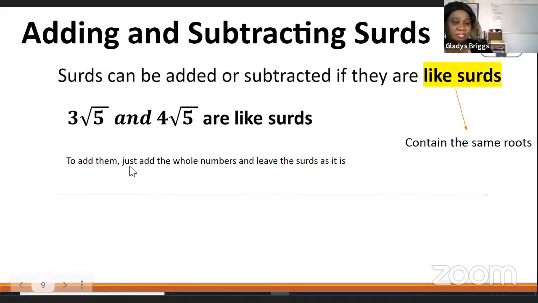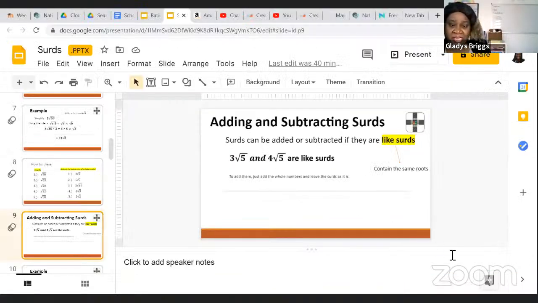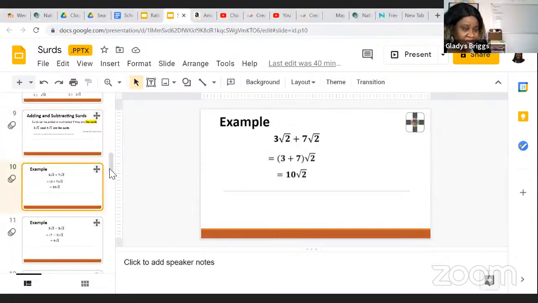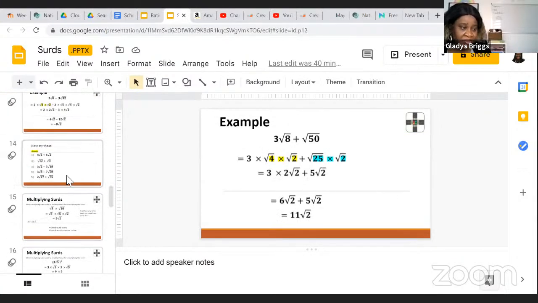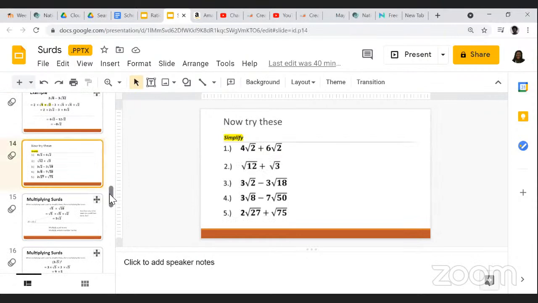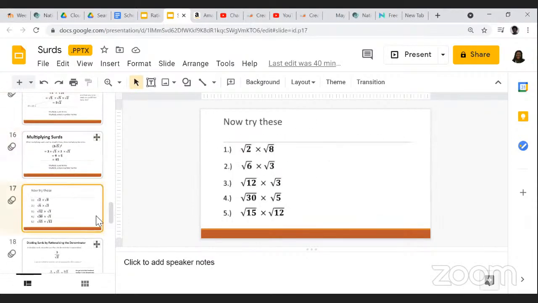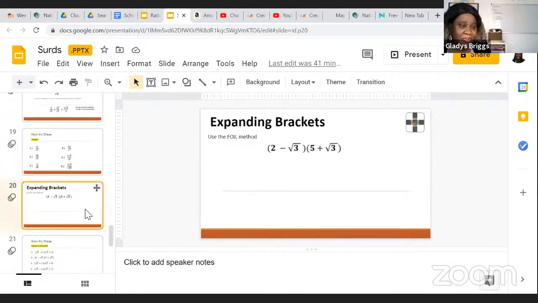So let me see, because I wanted to give you some others to simplify. Hang on a minute. Okay, I'll try my maths.